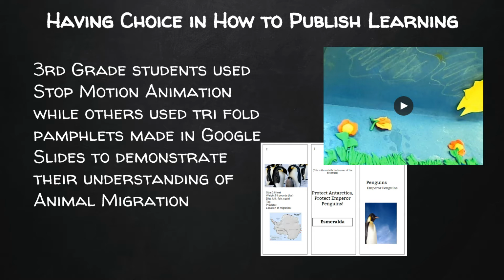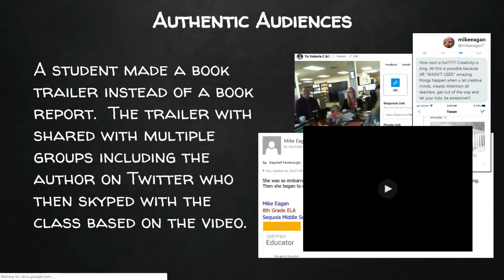So far we've seen Google Drawing, we've seen Flipgrid, we've seen stop motion animation, we've seen trifold pamphlets, all as ways for students to communicate their understanding and to demonstrate their skills in novel context. So that was the first idea of creating a student-centered learning environment.